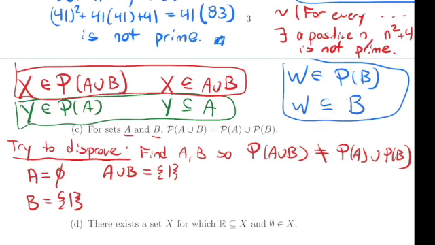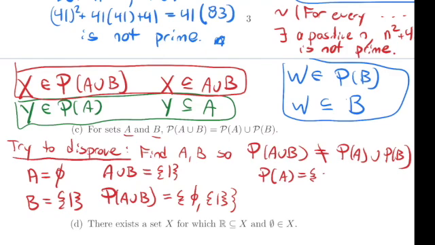And so now we can take a look at, well, what's the power set of A union B? That would just be these two things over here. It would be all of the subsets of the set containing 1. And then we could try the power set of A. The only subset of the empty set is the empty set itself.